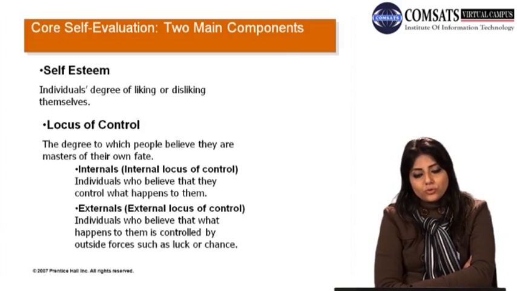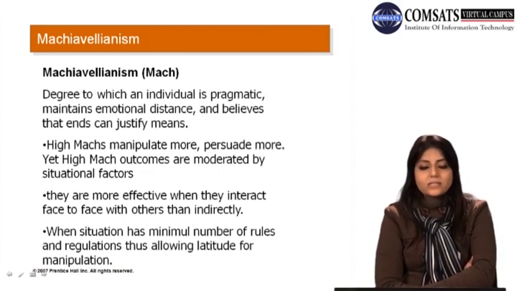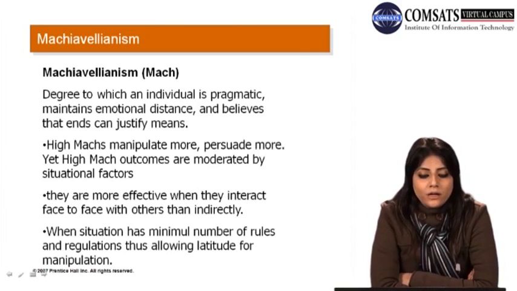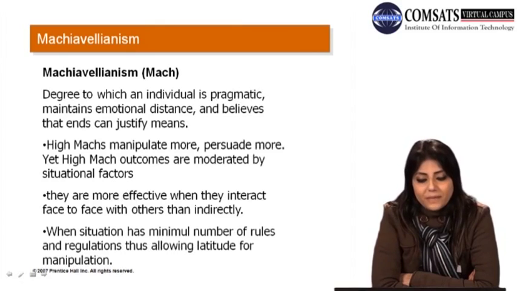Then we move to the next personality trait, which is Mach, also called MAC, that is the degree to which an individual is pragmatic, maintains emotional distance, and believes that ends can justify means.